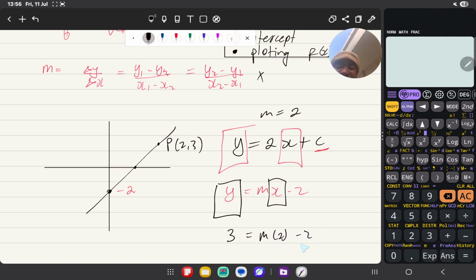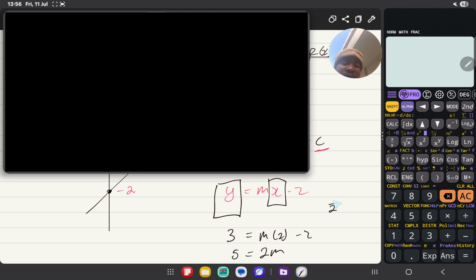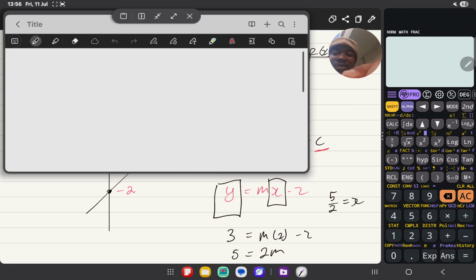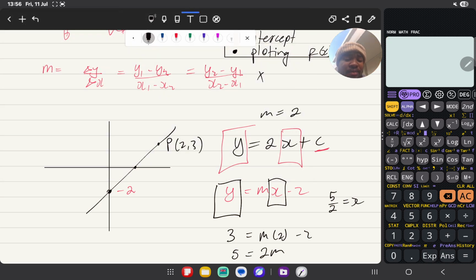You go that side, this becomes plus, so you have 5 this side equals 2m, and then you divide by 2 on both sides, and you have 5 over 2 equals m. That's it. It's that simple.